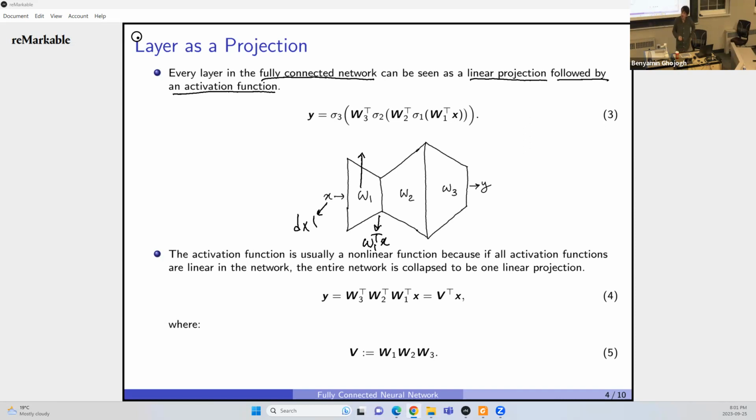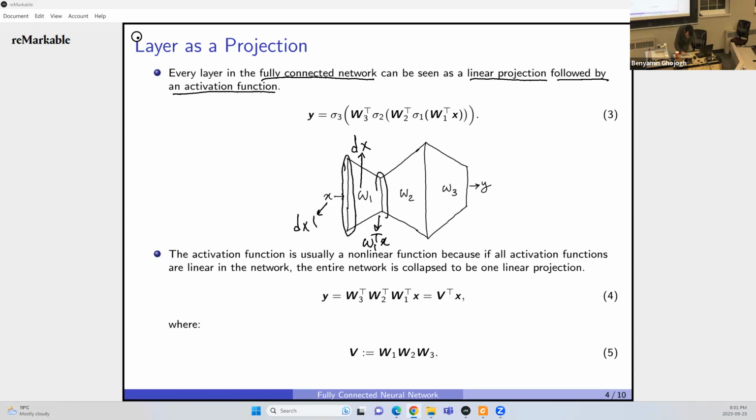That's correct, D by something. So it has D rows. Why? Exactly, because here I have D neurons, right? And D by something, but you said 1.